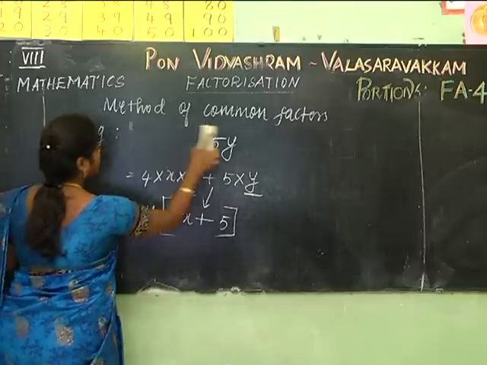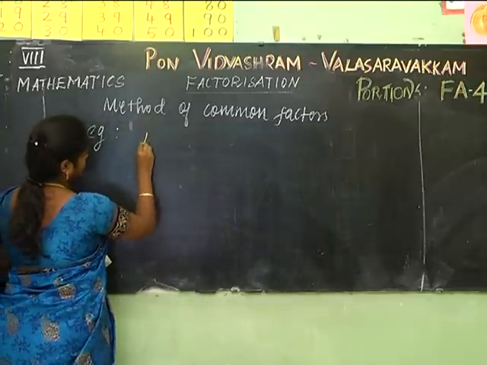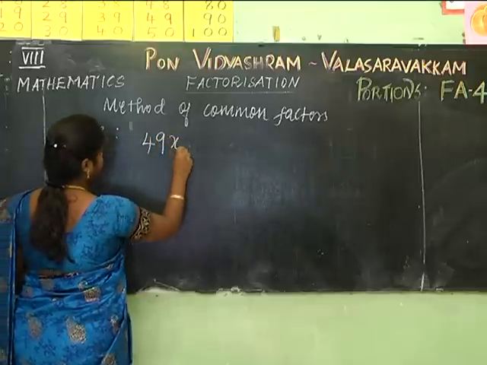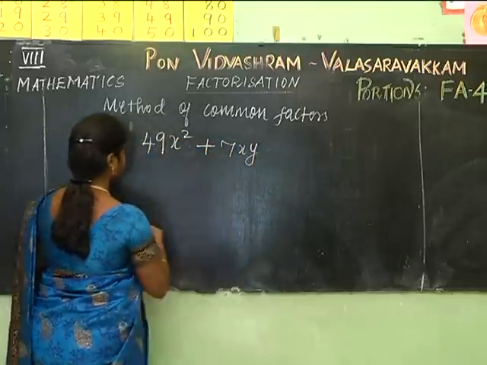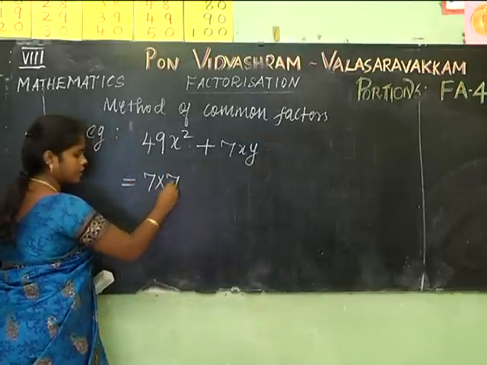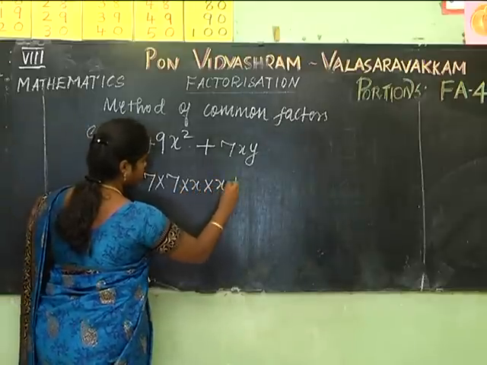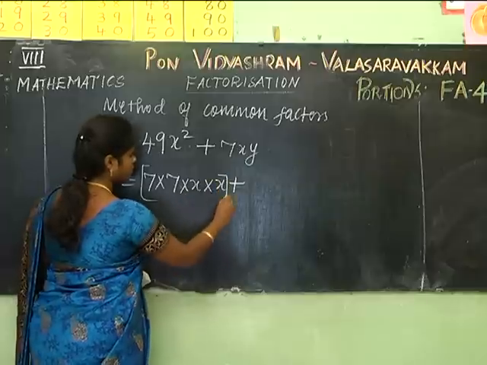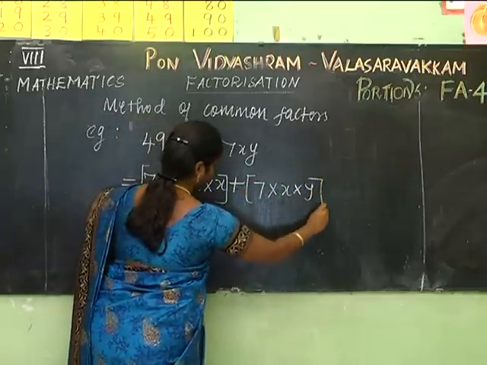I'll give one more example. 49x square plus 7xy. Now we can write 49 as the product of prime factors, 7 into 7 into x, plus 7 into x into y.